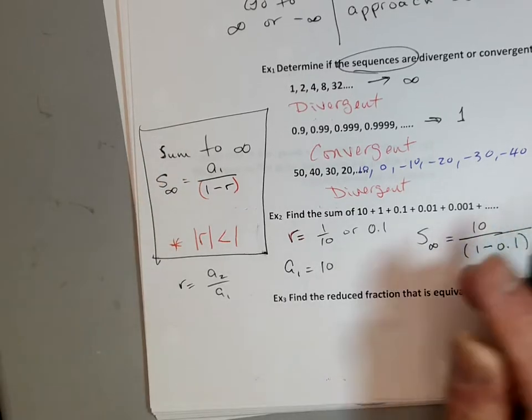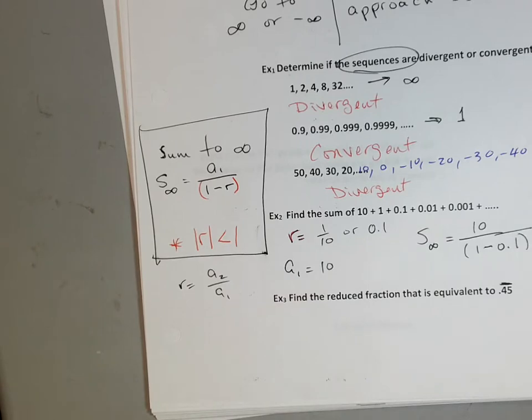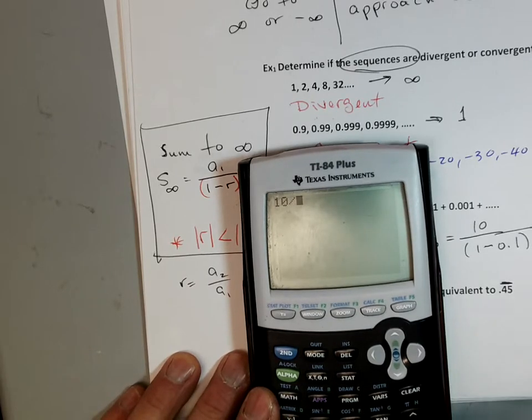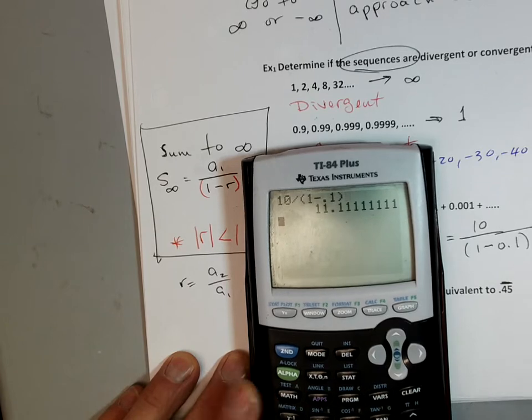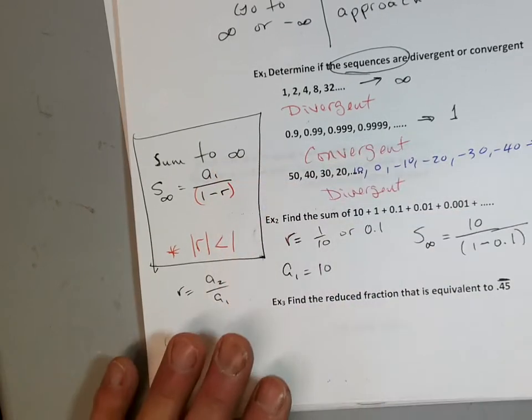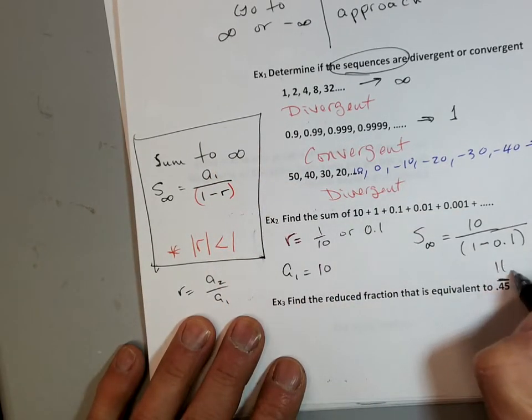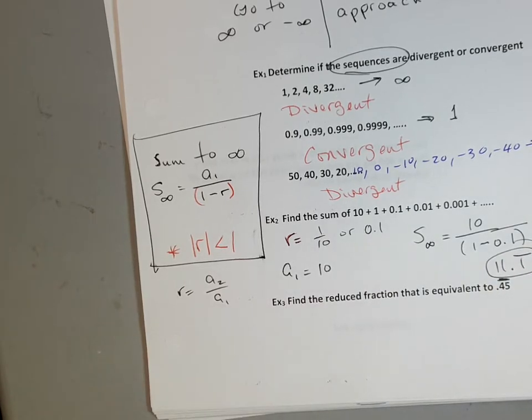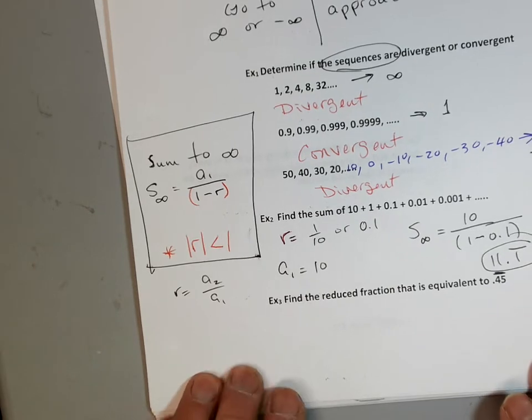And I'm just going to use my calculator. 10 divided by parentheses, 1 minus 0.1, and my answer is 11.1 repeating, okay? So it does all add up to one thing, doesn't it? It's kind of cool.